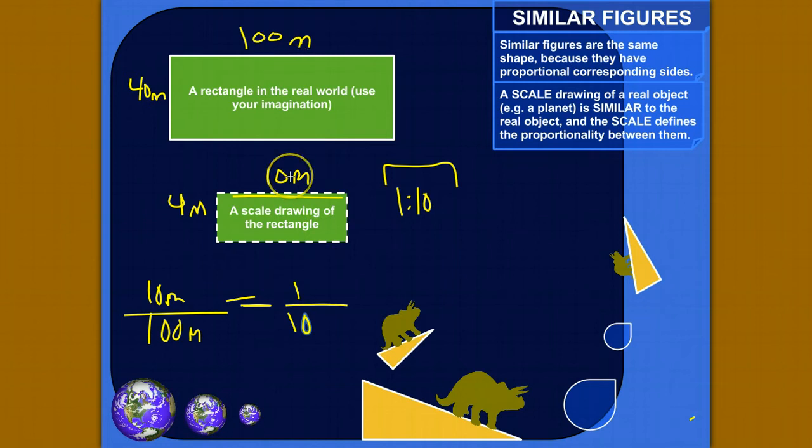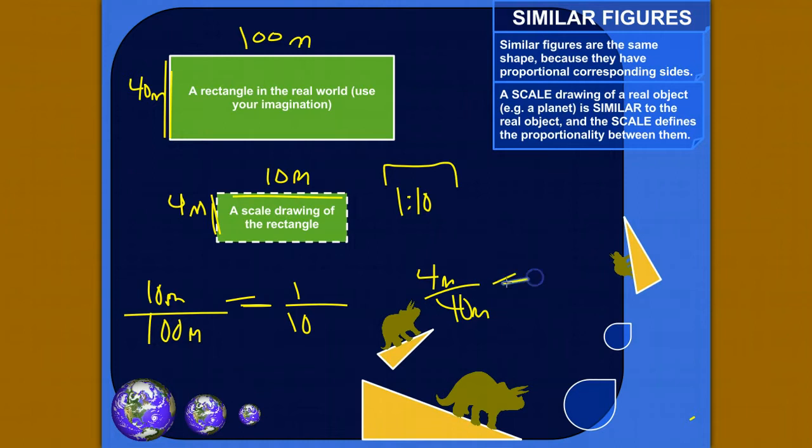Well, if these are truly similar figures, then the ratio of this side to its corresponding side should have the same value when you reduce it. So we've got 4 meters. Oh, sorry, Mathceratops. I'm going to get in your way there. 4 meters to its corresponding side here is 40 meters.